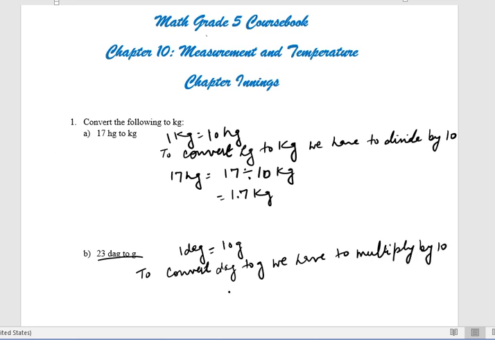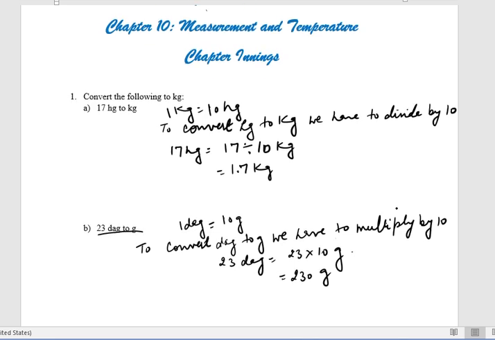So 23 decagram equals 23 into 10 grams. So the answer will be 230 grams. I hope it is clear. Let's move to the next part.